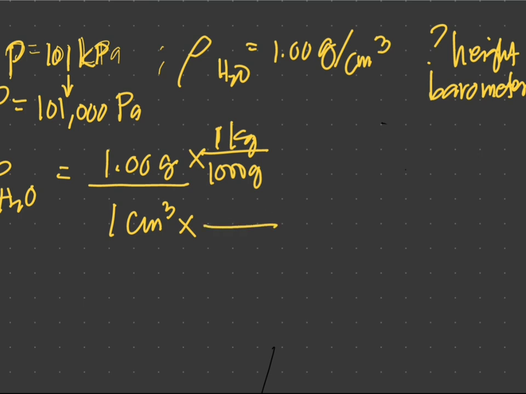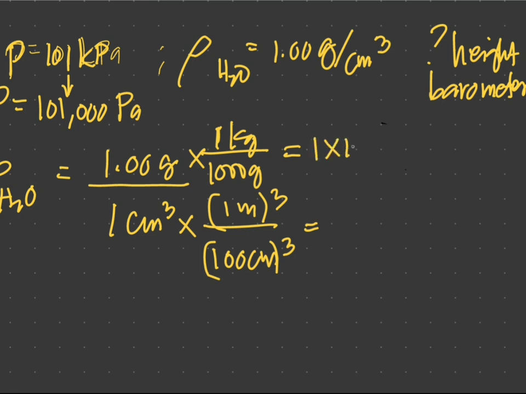And then for the cubic centimeters, we convert this. You know dimensional analysis? So 1 meter is equal to 100 centimeters. So we need to cube this. And of course, you need your calculator. So this is 1 times 10 to the negative 3 kilograms.